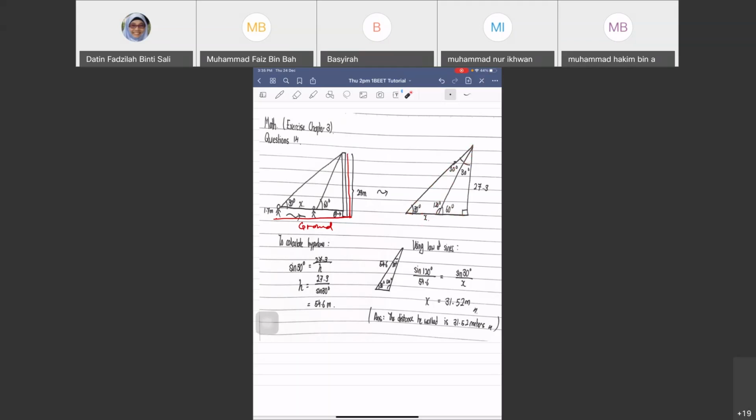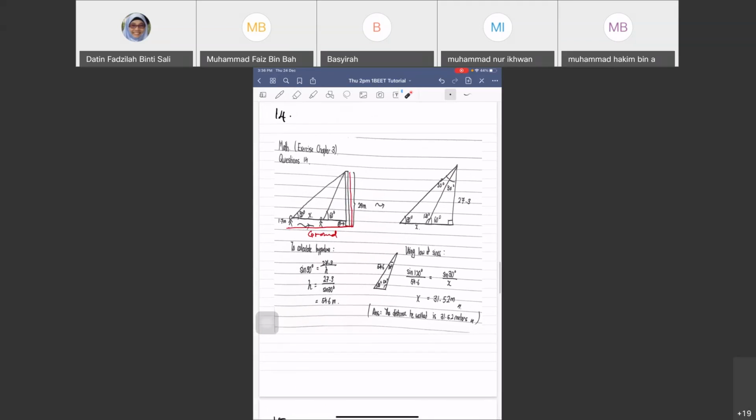It's 27.3 over h, so sine 30. Then looking at just this one, if this is 60, this is 120, and this is 30. So just use another law of sine: x over sine 30 equals this much over sine 120. This is one way.